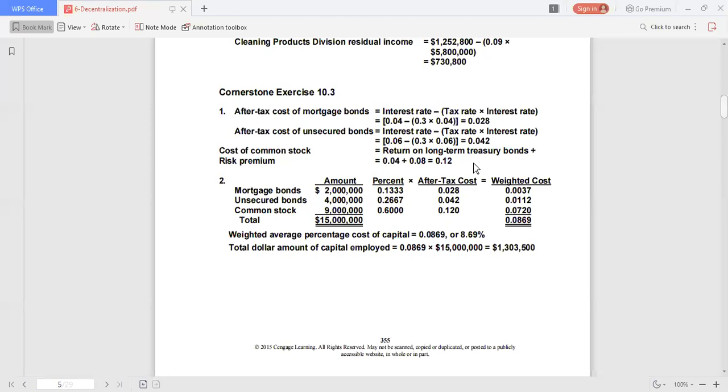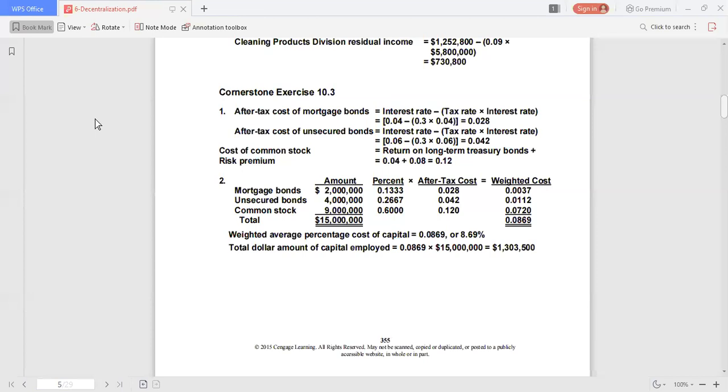And the common stock percentage is taken by dividing 9 over 15. So all in all, the percentages total is 100%. And you are now going to fill up the after-tax cost computed in number 1.